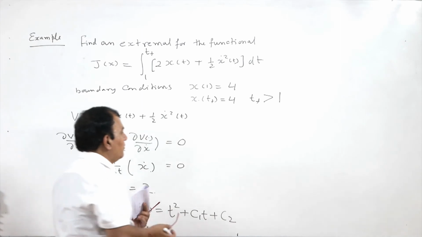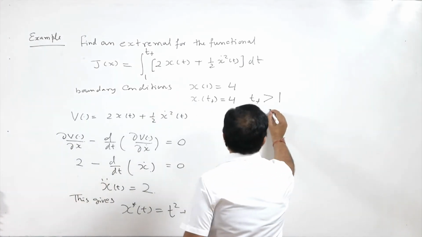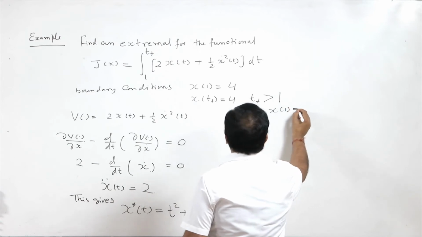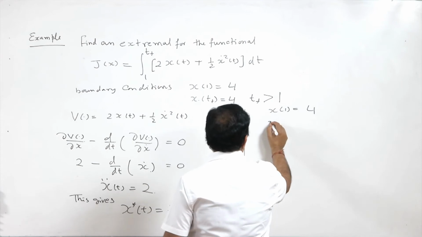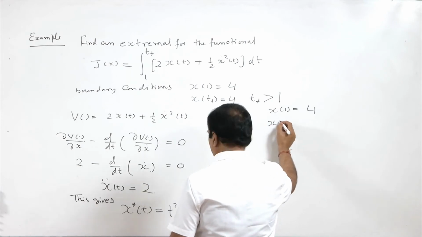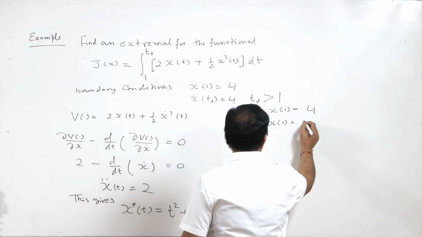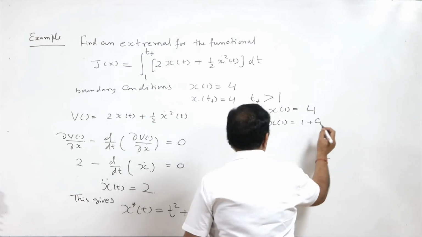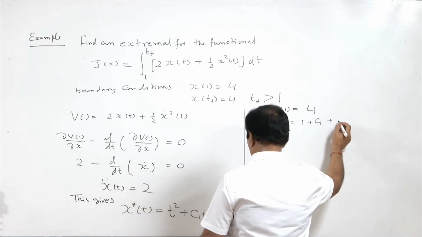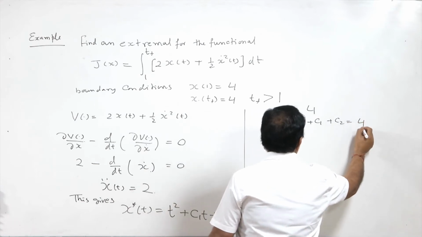Now, I can use my initial conditions. I am given x1 equal to 4. So, x1 in this case is 1 plus C1 plus C2, which is equal to 4.